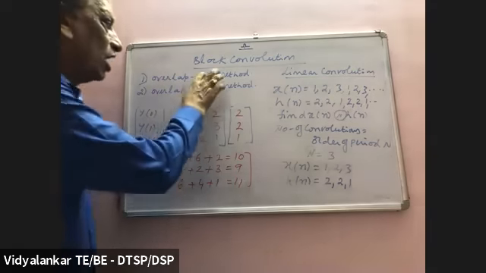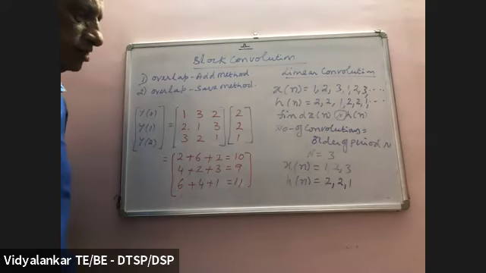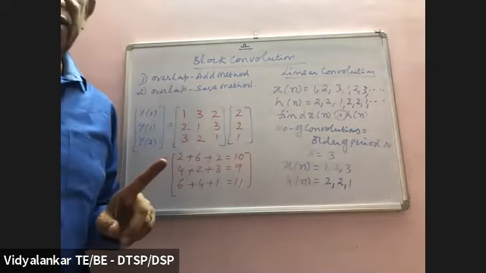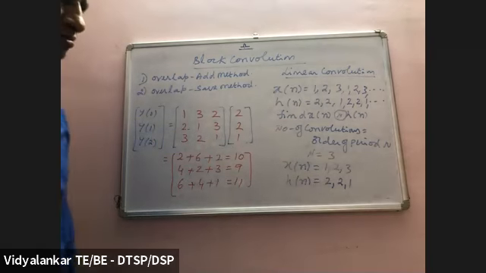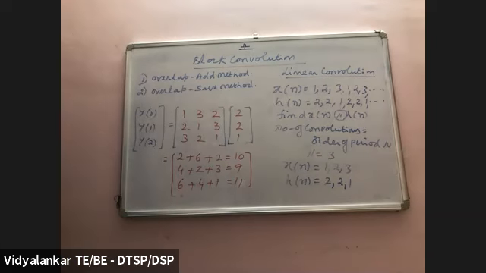That technique only we will apply in the overlap add and overlap save methods. These two we have done already in signals and systems. Just for refresh, I have taken those examples.